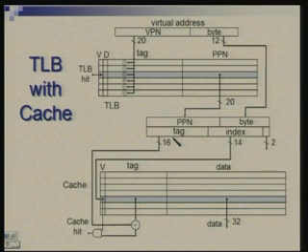But suppose the picture was slightly different, that is, let us say the tag was larger or the PPN was smaller, that is, the index bits were independent of the PPN. Okay.